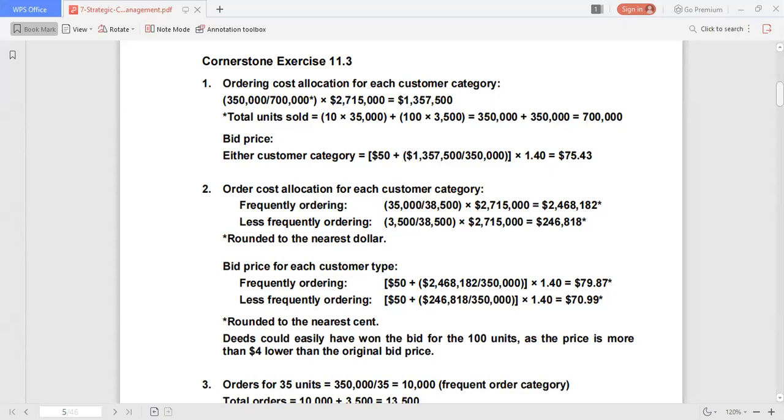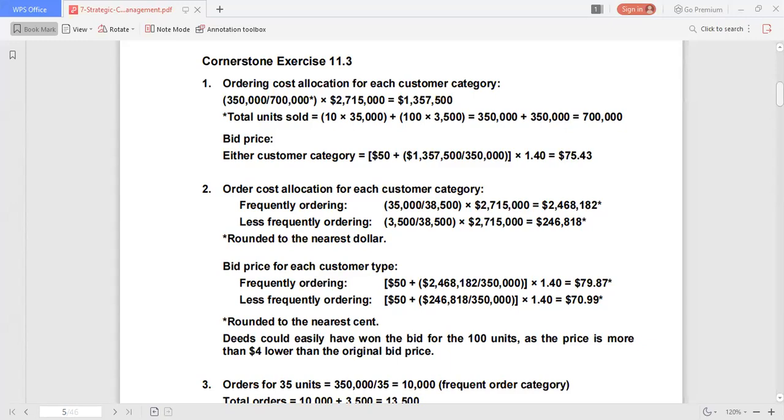Now for number 2, assume that we have the ABC system. The frequently ordering customers have 35,000 sales orders. We divide by 38,500, that's the total number of orders, and you multiply by 2,715,000, the total order filling cost.